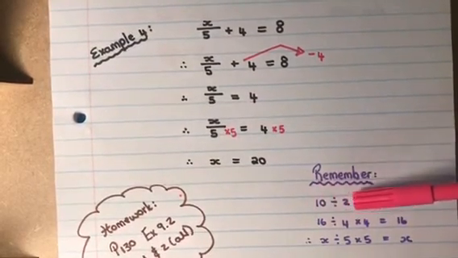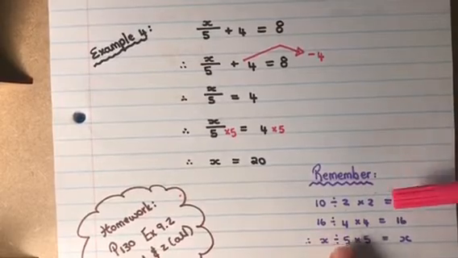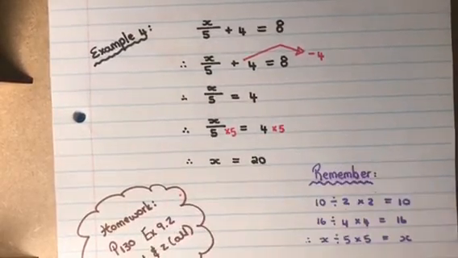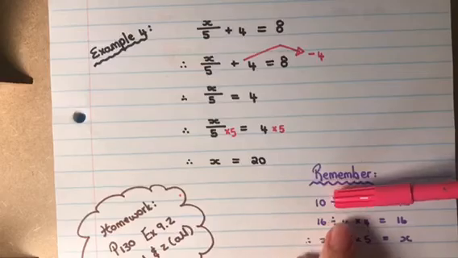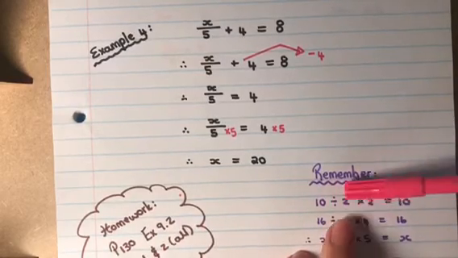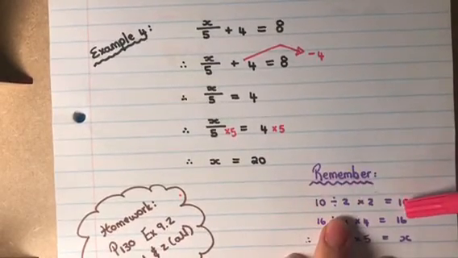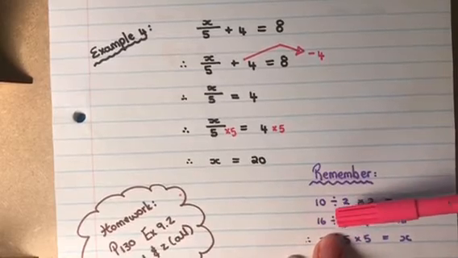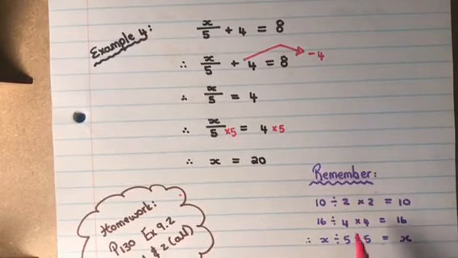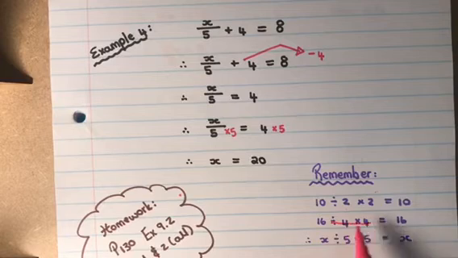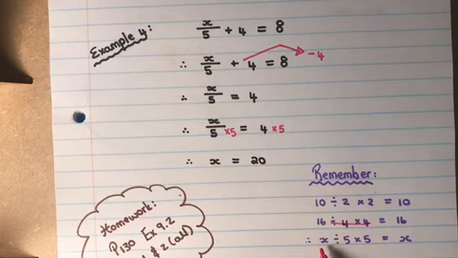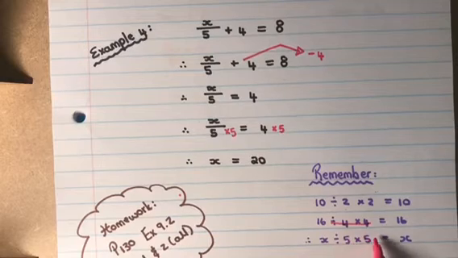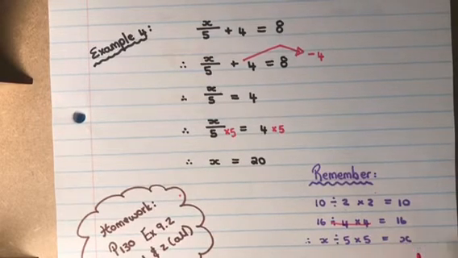10 divided by 2 times 2, it's going to give you that 10. That divide by 2 times 2, they are inverse operations, so that falls away, that neutralizes it basically, and you are left with 10. Same with 16. 16 divided by 4 times by 4, that makes it fall away, and you are left with that 16. x divided by 5 times by 5, that's the inverse operation of divide by 5 is times by 5, that's why it falls away and you are left with an x there.